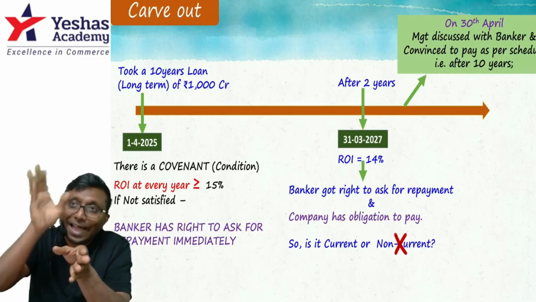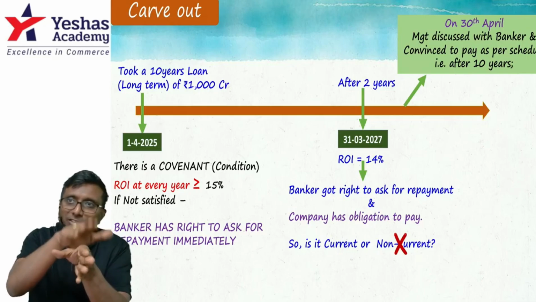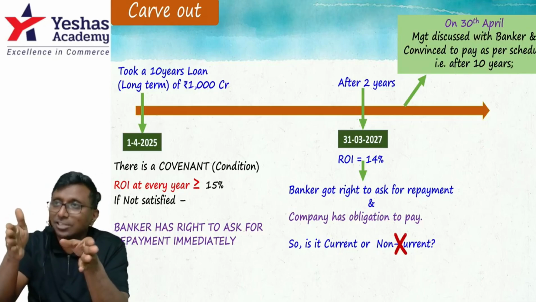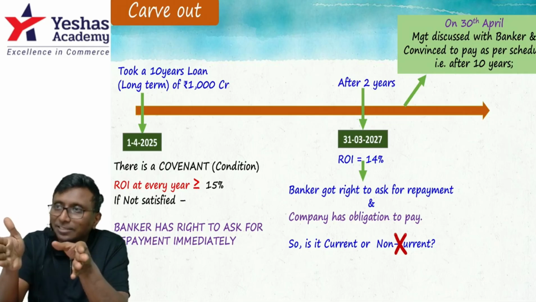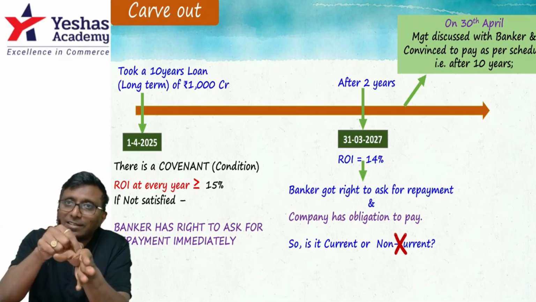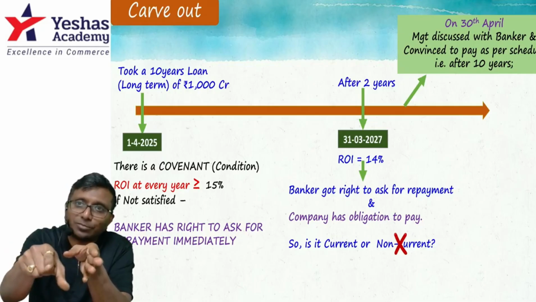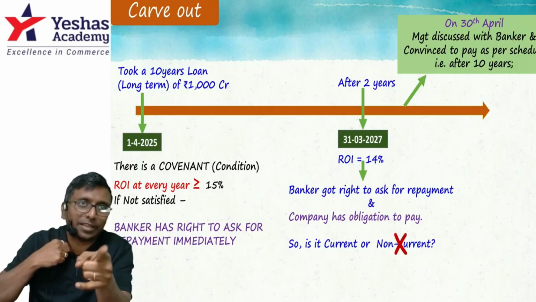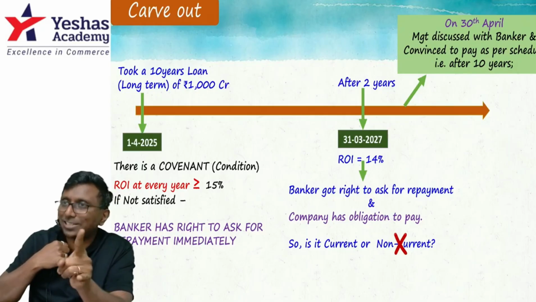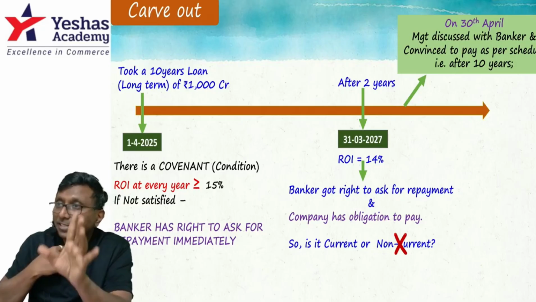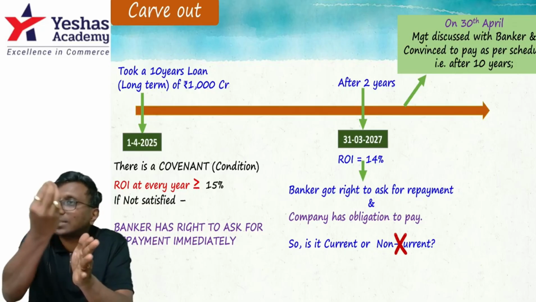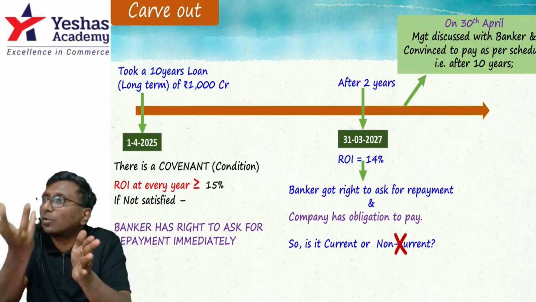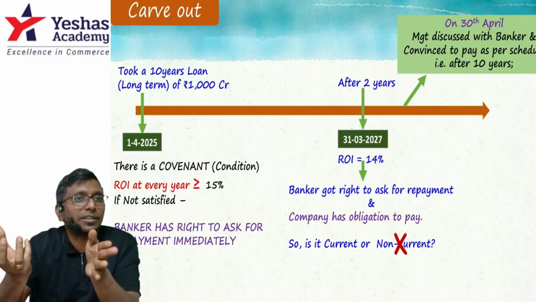But actually, as on 31st March, till the date of discussion, till 29th April, had the banker a right to ask you on 31st March, can he come and catch me or not? Yes, he has a right. So, strictly speaking, it is current. The discussion, everything that happened, is a subsequent event, purely a non-adjusting event.